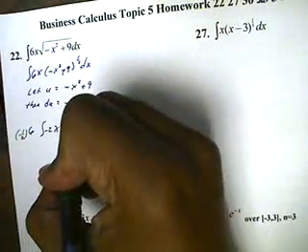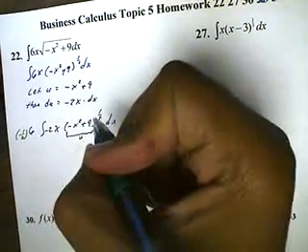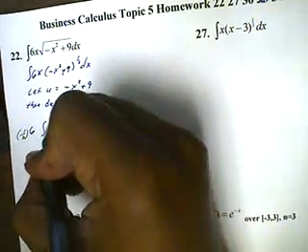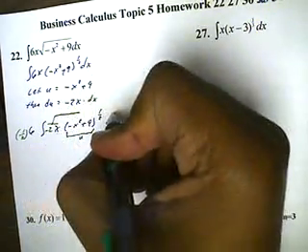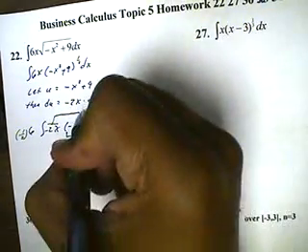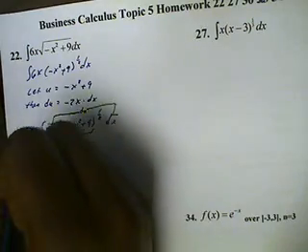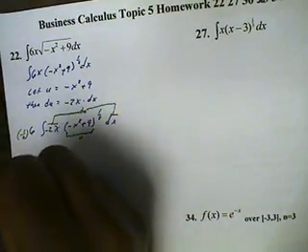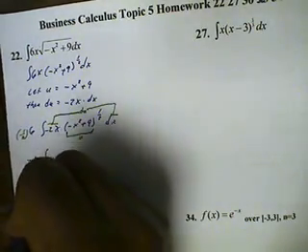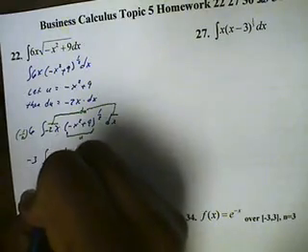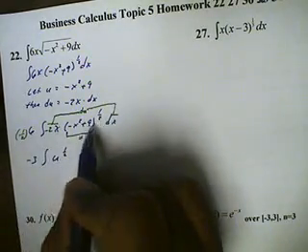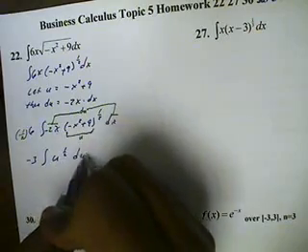Now, all of this is u, and all of this right here is du. So the combination gives us negative 3 times the integral of u to the 1/2 power du.